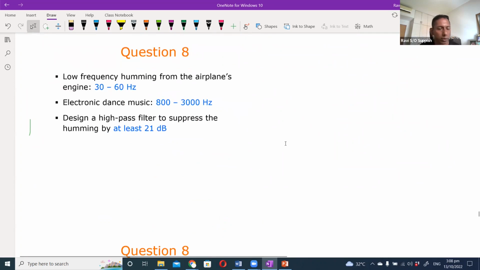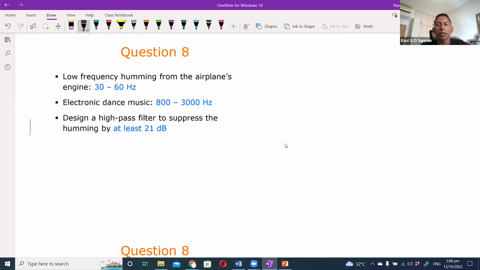Yeah, so there's one more question on the same technique. We have a frequency humming from the aeroplane from 30 to 60 hertz, and we want to hear music which is 800 to 3000 hertz, and we want a high pass filter to suppress the humming by at least 21 dB.